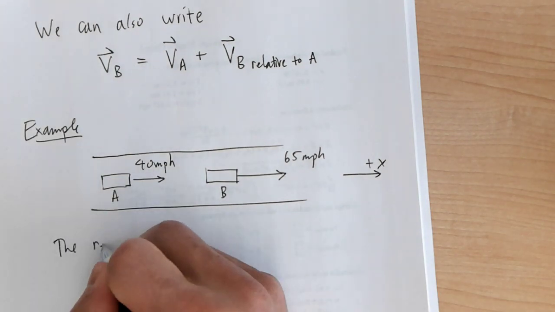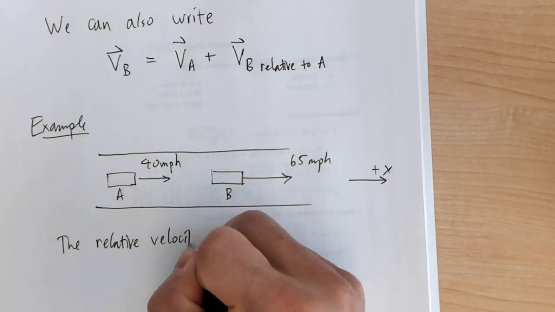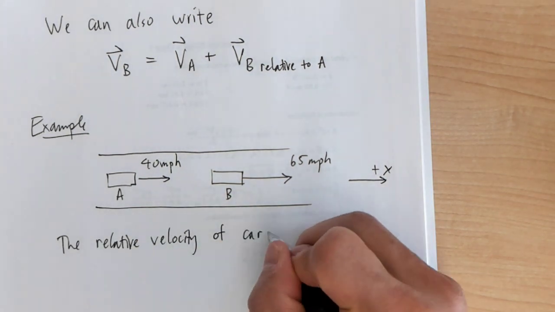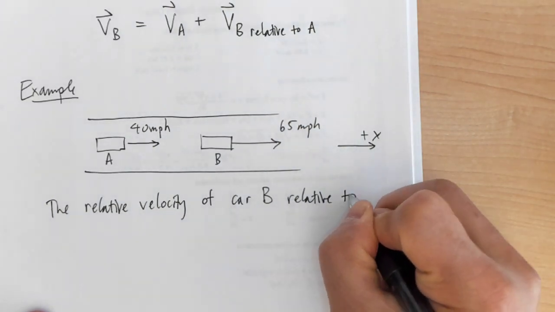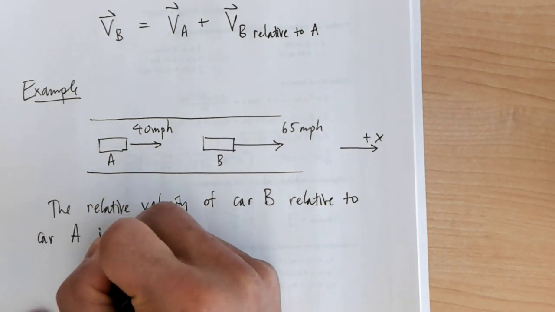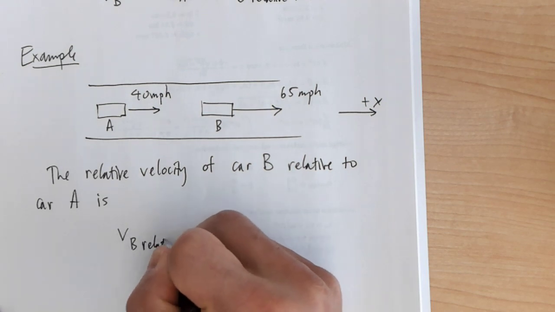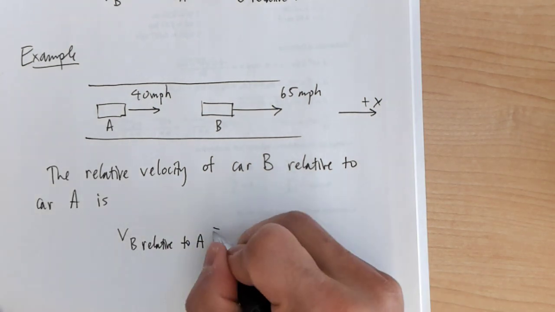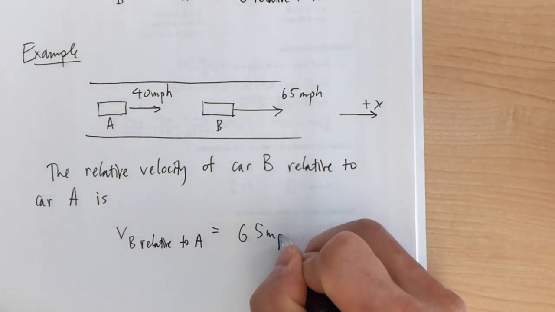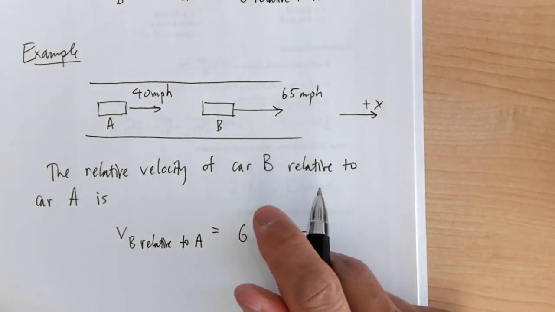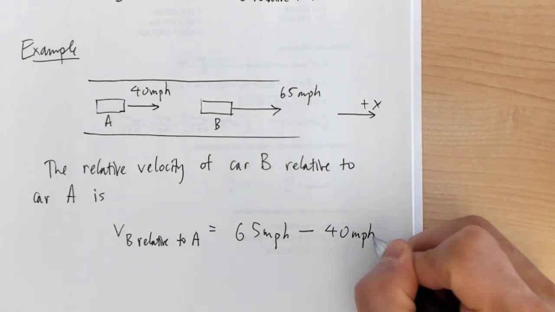Then the relative velocity of car B relative to car A is just V B relative to A, and that will be the velocity for B, so that's 65 miles per hour in the positive direction, minus the velocity of A, which is 40 miles per hour in the positive direction.